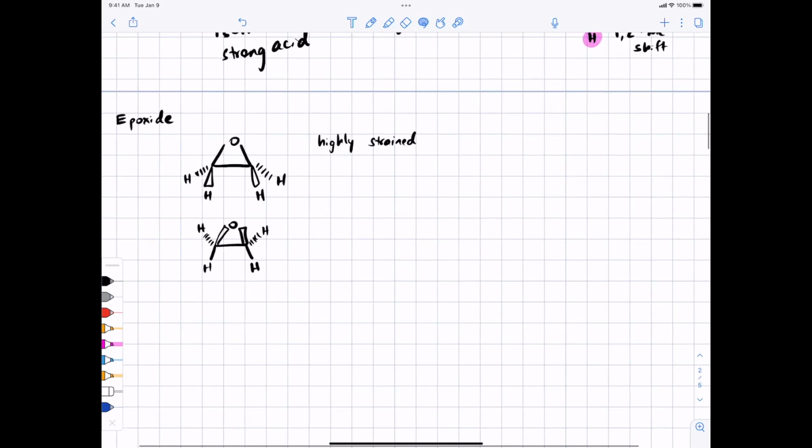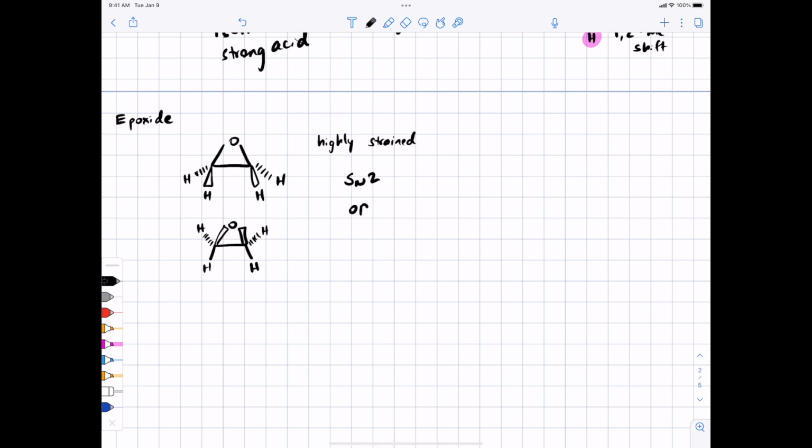Okay, so the epoxide is highly strained. Because of that, we're going to be able to do SN2 chemistry, and the negatively charged oxygen is going to be a leaving group. And that's unfavorable, but we've already paid for it energetically because the ring is so highly strained.